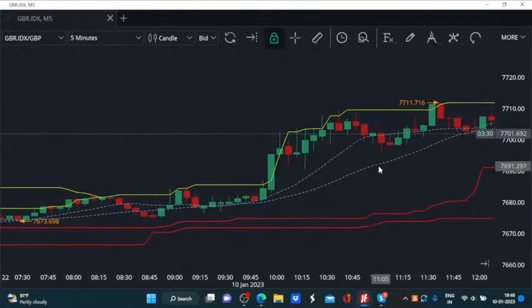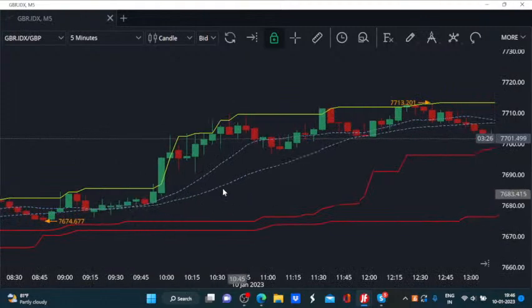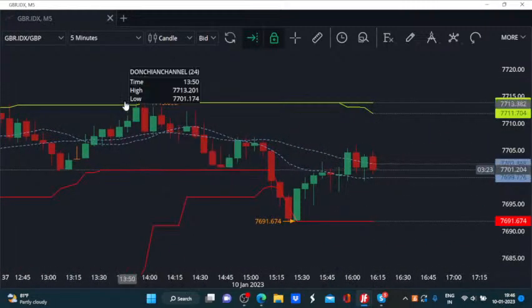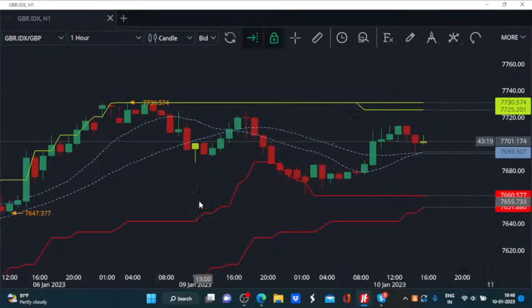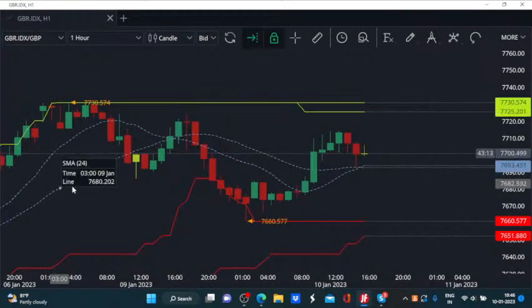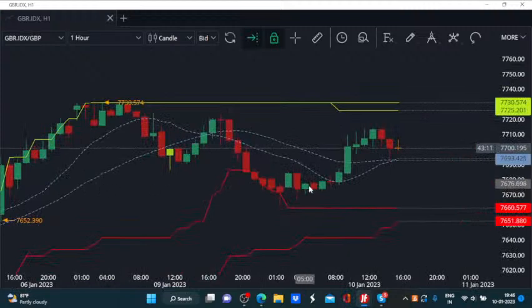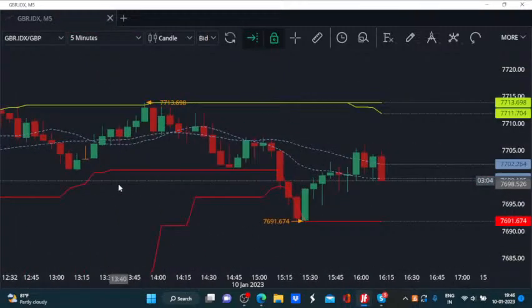FTSE 100 was trading with substantial gains earlier, and some of those gains evaporated, but now it is trying to climb back again and recover the lost ground. Now it will be interesting to see how things are going to unfold from here onwards. But if we look at the momentum of the FTSE 100, it is quite strong, stronger than the DAX as well.